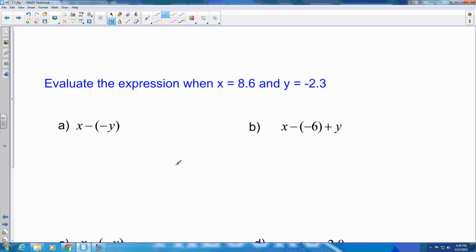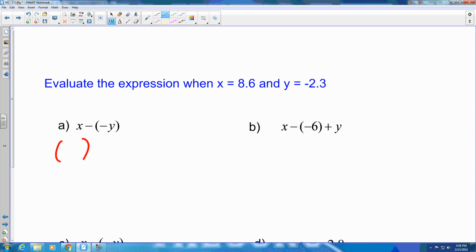Last thing you're going to have on here is a given expression, and I want you to be able to rewrite it when x is 8.6 and y is negative 2.3. So if we look at example A, you have x minus negative y. Anytime you insert a value for a variable, I like to use parentheses.